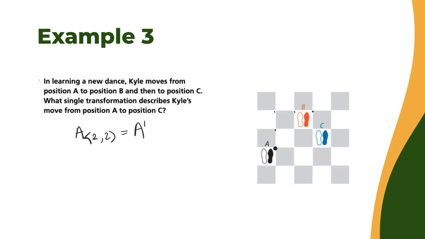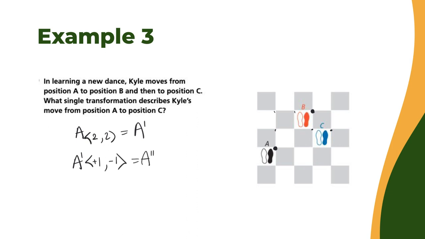So this is where my point ended up, right there. I'm going to take that and move it to point C. So I'm going down 1 and over 1. So to map A prime, I'm going to the right one. So that's positive 1, and then I'm going down 1, which is negative 1. And that equals A double prime.